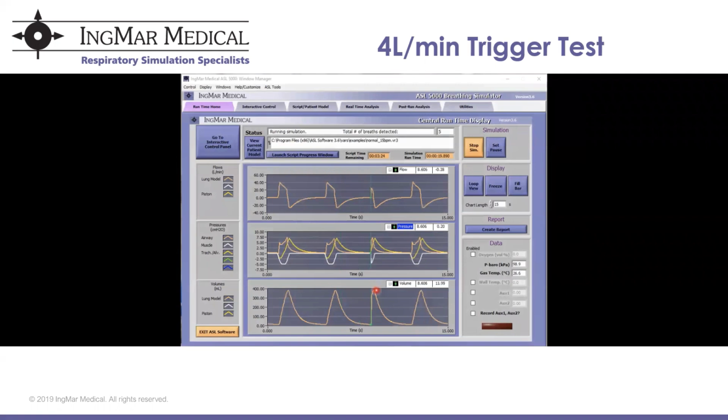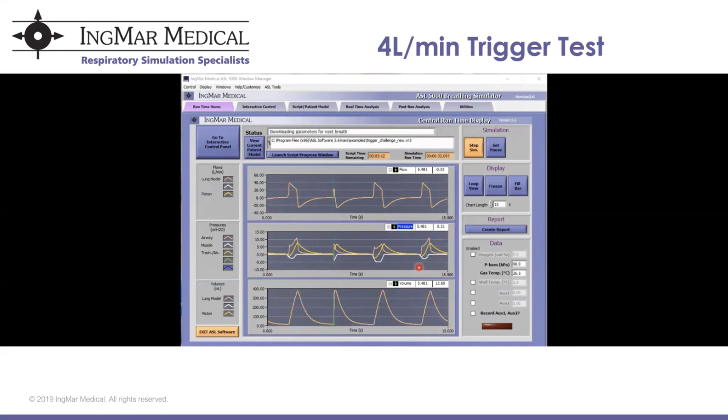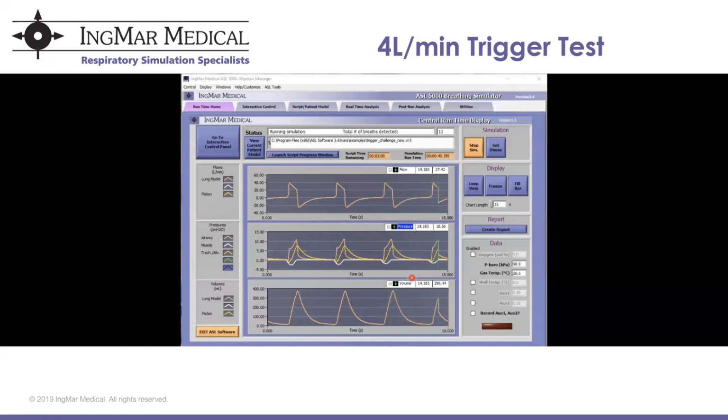So if we start, here we are with the first and the second and the third, it's still triggered. The fourth, yes, still. The fifth, and here the sixth. Oh, that is not triggered anymore.